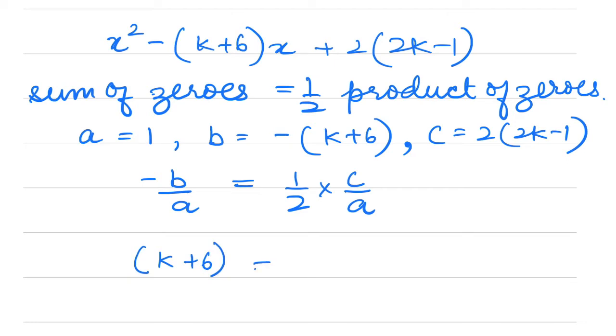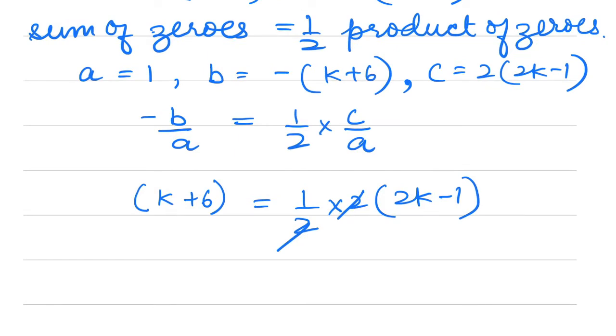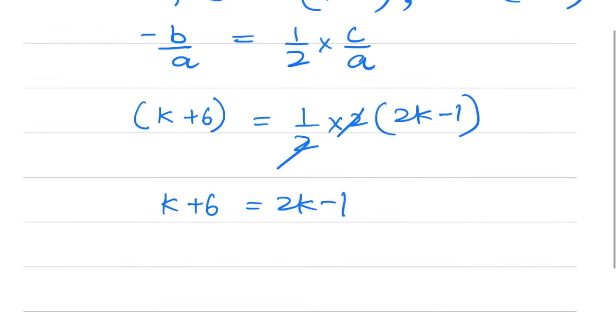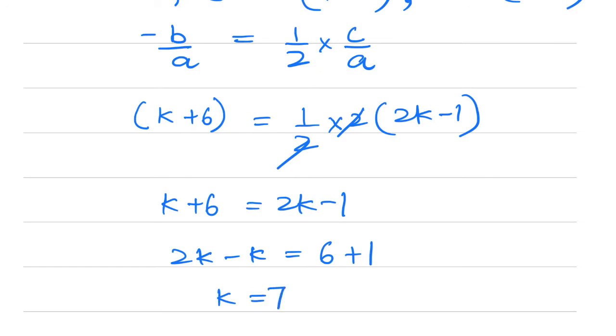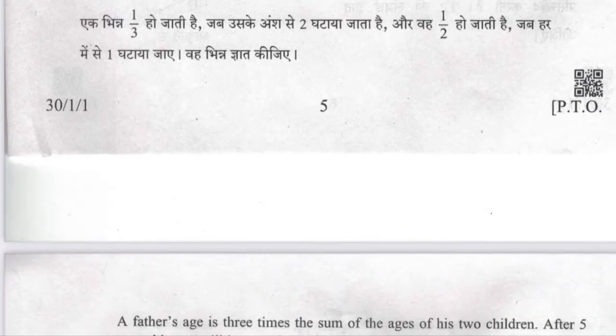A is 1 is equal to half, and c is 2k minus 1, and a is 1. So we can cancel these and we get k plus 6 is equal to 2k minus 1. 2k minus k is equal to 6 plus 1. So k is equal to 7. Answer.